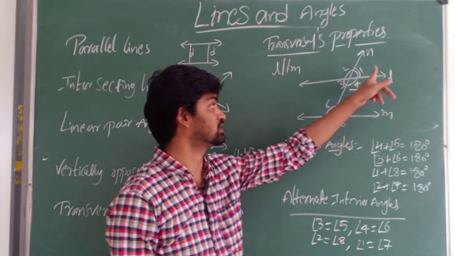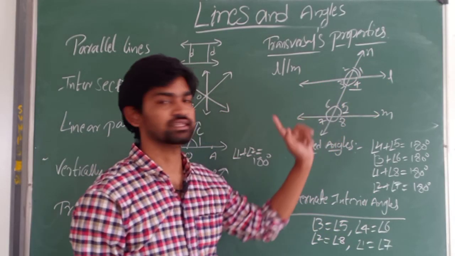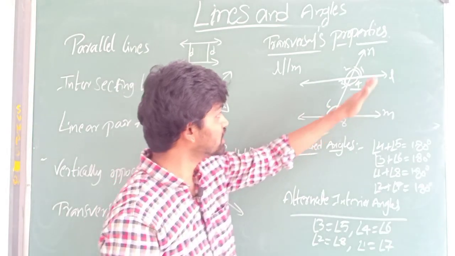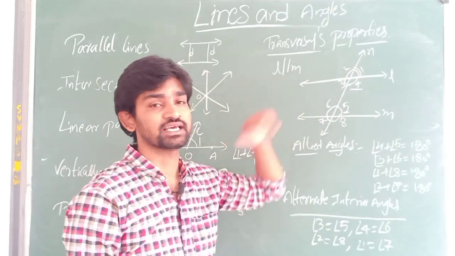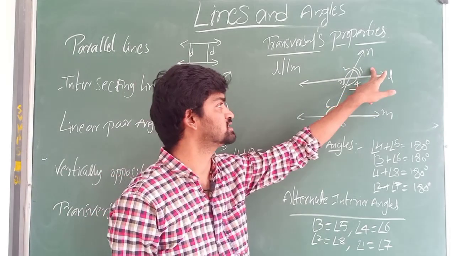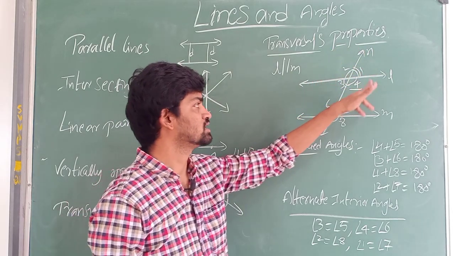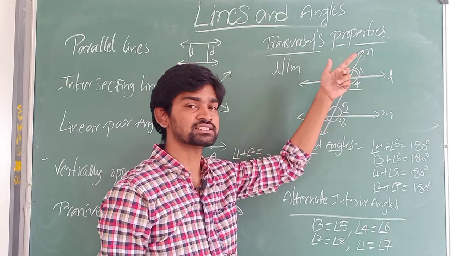Next, corresponding angles. Angle 1 and angle 5 lie on the same side of the transversal. One angle is interior, one angle is exterior.